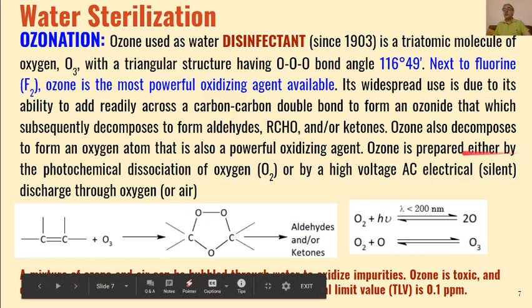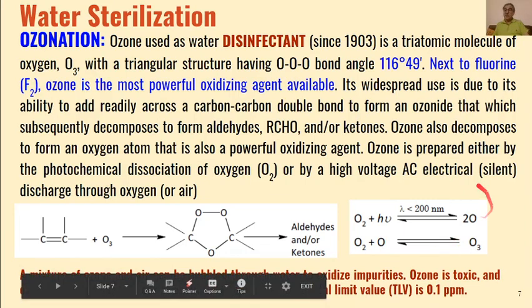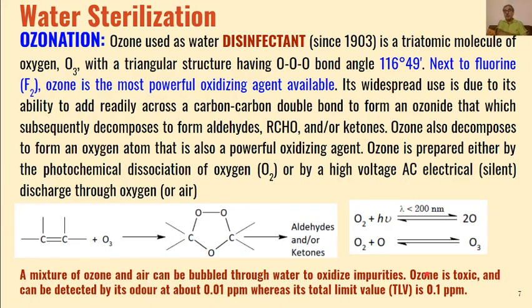So ozone is prepared either by photochemical dissociation of oxygen, as I have told you, or it can be formed by high voltage AC electrical discharge through oxygen in air. Now, there is a limit for the amount of ozone which can be present. A mixture of ozone and air is bubbled through water to oxidize its impurities.